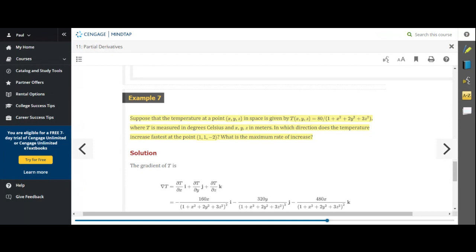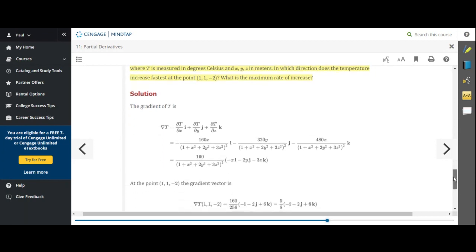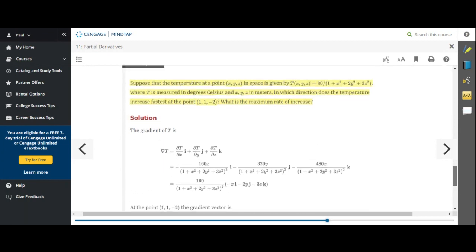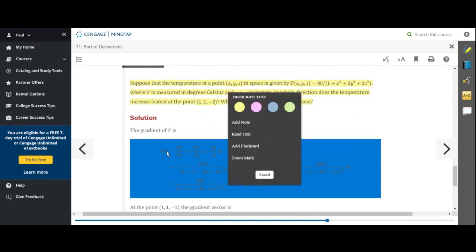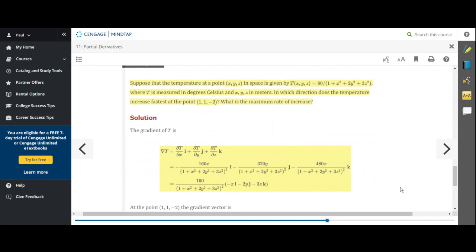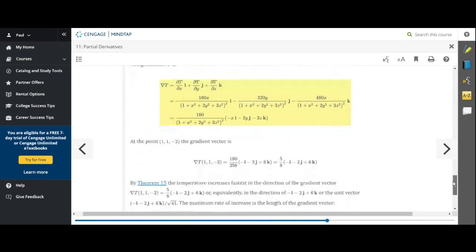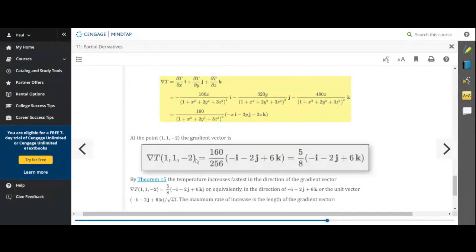What is the maximum rate of increase? I wanted you to see an applied problem. So they compute the gradient vector of the temperature function, and then the gradient vector evaluated at (1, 1, -2).